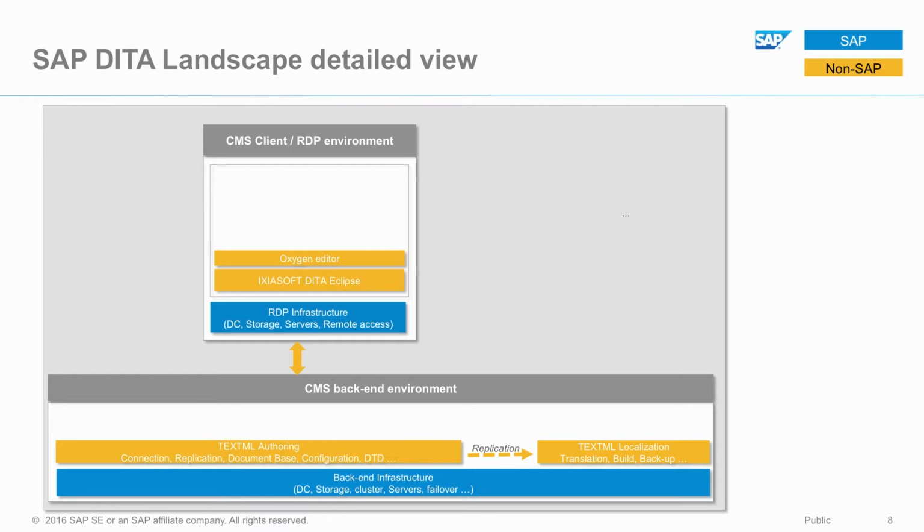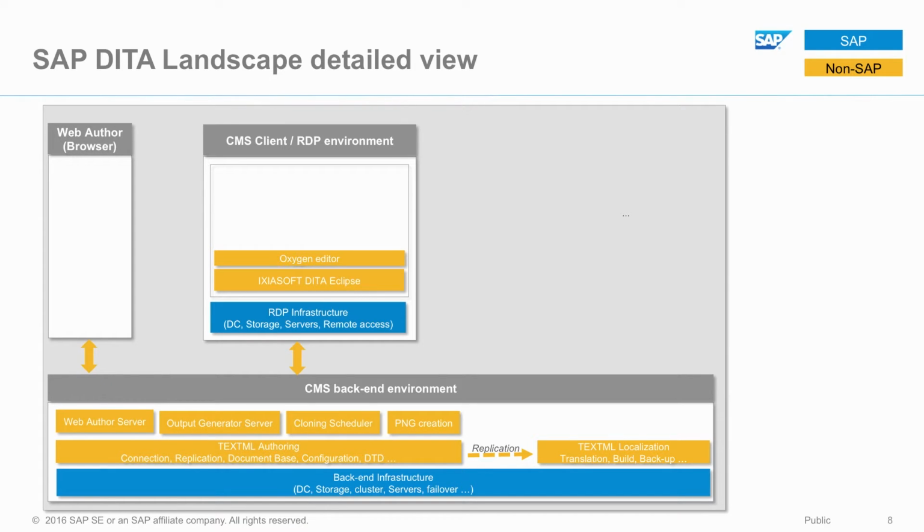And on the front end, on the CMS client, through an image deployed in our RDPs, we have the Exaisoft DITA Eclipse along with Oxygen for authors. We have some backend components as well implemented by Exaisoft.